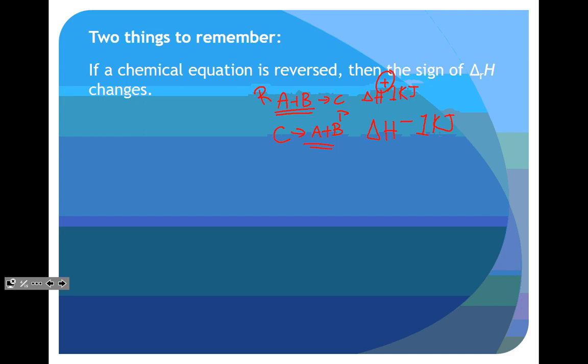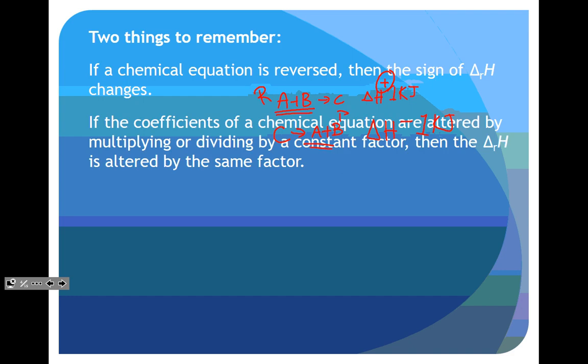All right, kiddos? The next point that's really important says here, if the coefficients of a chemical equation are altered by multiplying or dividing by a constant factor, then the change in enthalpy of reaction is altered the same way.